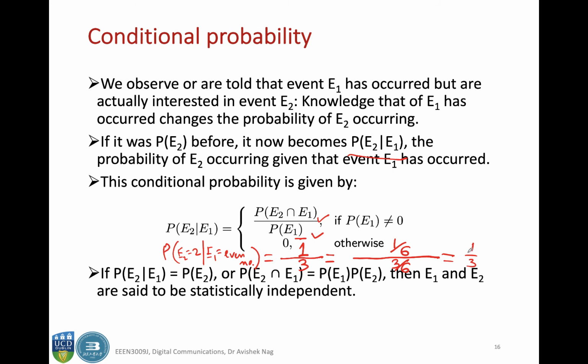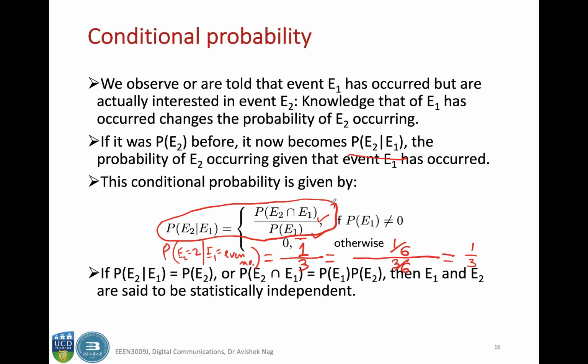So this is how you can calculate conditional probabilities. Basically, if two events have some relations between them, then you can calculate the probability of one event given the information that the other event has already occurred. And this is the equation for how to calculate conditional probability.